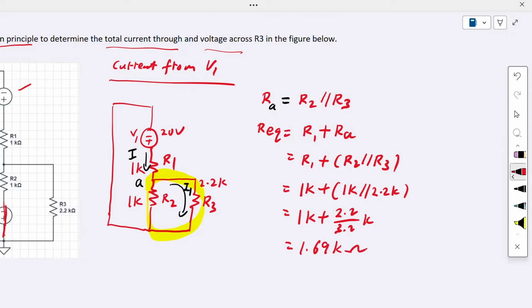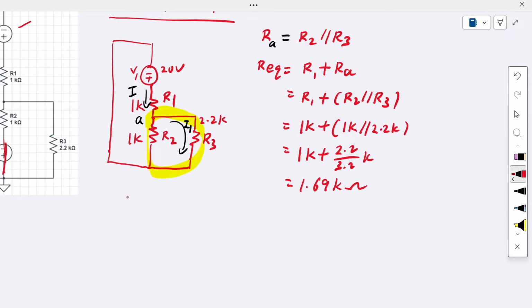This is R_EQ. You can find the current I: capital I is equal to 20 volt divided by R_EQ, 1.69K. So the current is 11.8 milliampere.